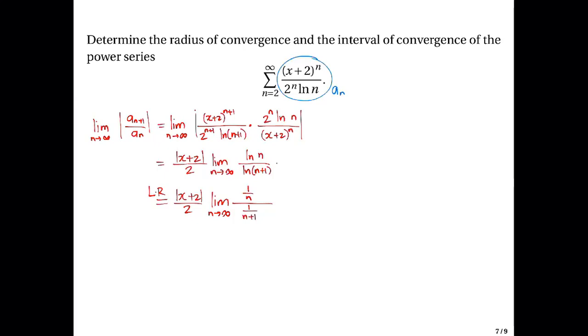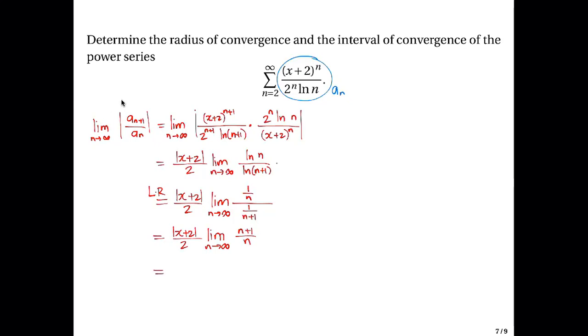And then rewriting it, we'll have x plus 2 absolute value, and then over 2. This is just the limit as n approaches plus infinity of n plus 1 over n. And again, this guy here, you can even separate this numerator into two parts, and you will immediately see that the limit is equal to 1.